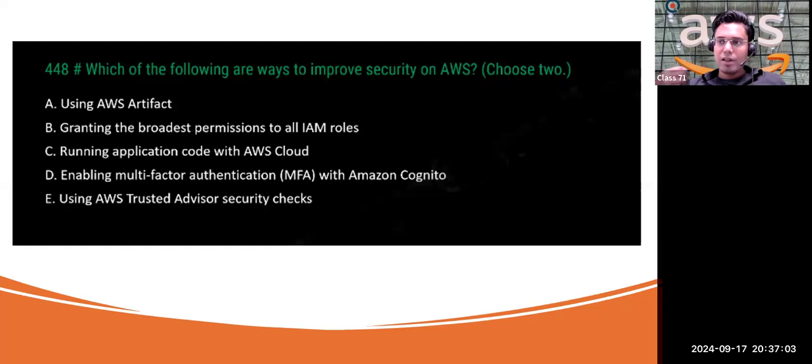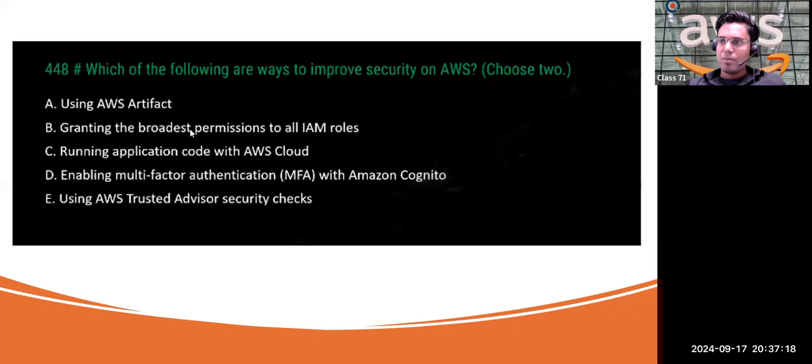They give us a recommendation from a security point of view. Two things are very important. One is MFA, whenever you see the word security perspective, MFA is the one. Second is Trusted Advisor. Running application code on the AWS cloud has nothing to do with it.